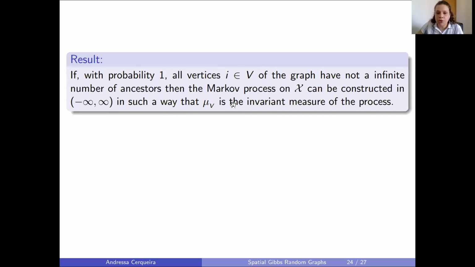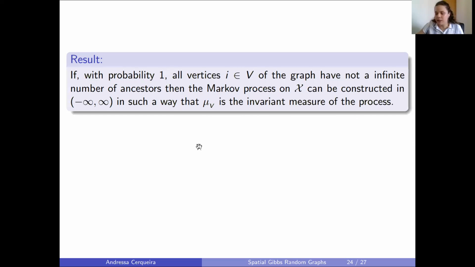So when V is Z2, I can have that my infinite volume Gibbs distribution is the invariant measure of this process. What's important here is that at some point, I don't need to look to the past anymore. I don't need to look to more ancestors, otherwise they will never end.